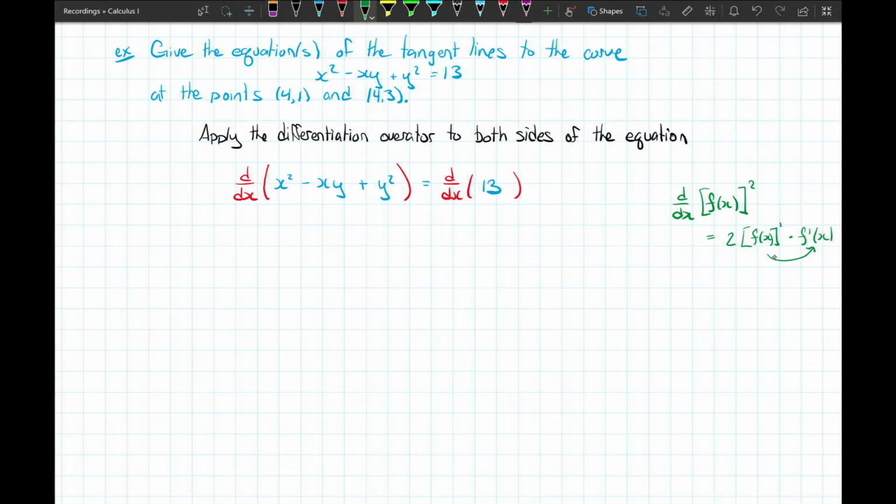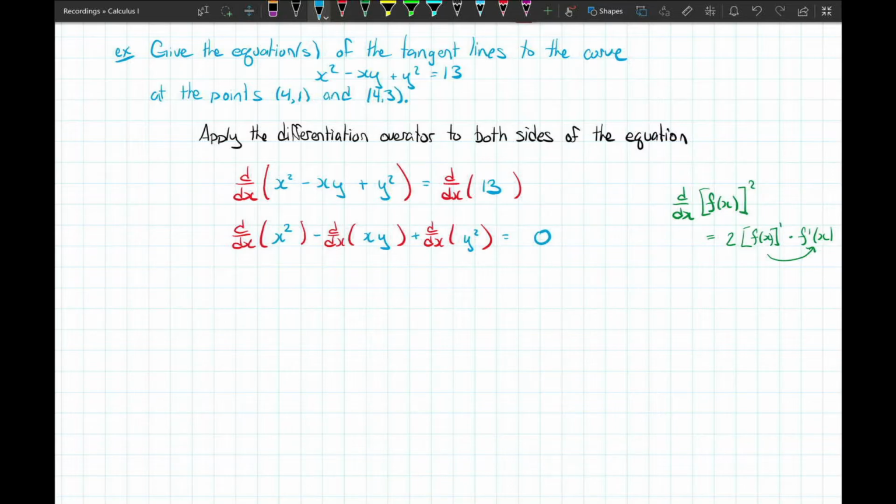This is the chain rule. Well, that's really what's happening here. y is some implicit function of x, and because we have that being squared, we have to use the chain rule. We'll be a little careful when we get to that stage here.